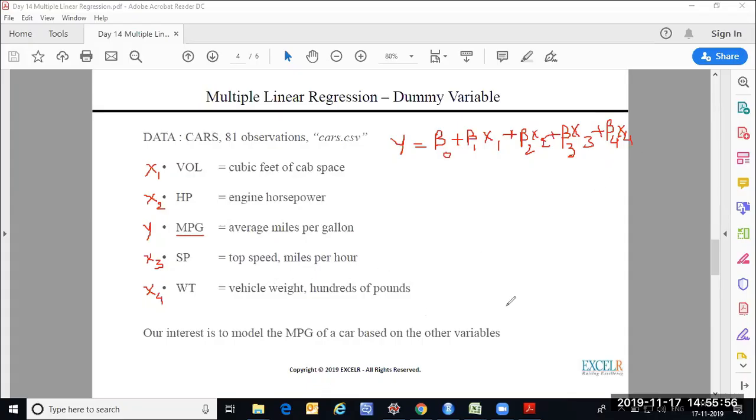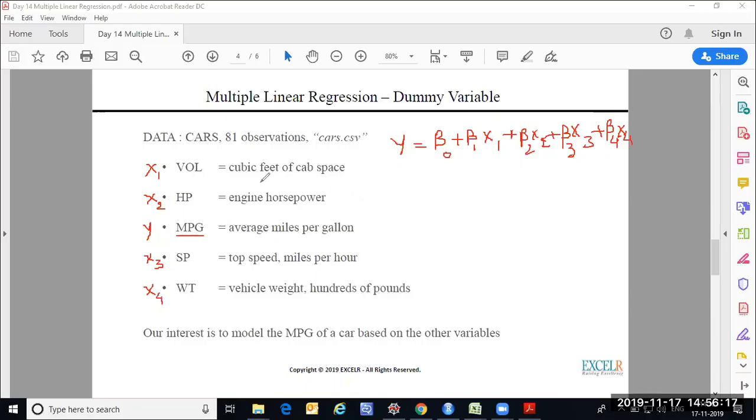What is the collinearity problem that we are discussing here? If the input variables get into a relationship among themselves. Ideally these input variables should be linearly independent. They should be linear with the output variable, but they should be independent within themselves.